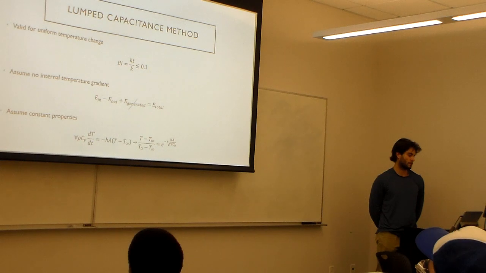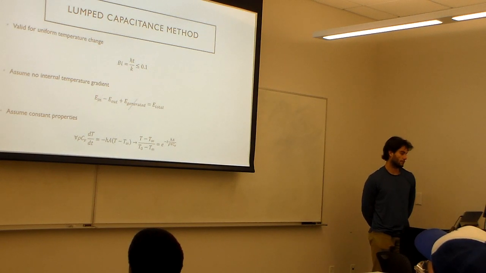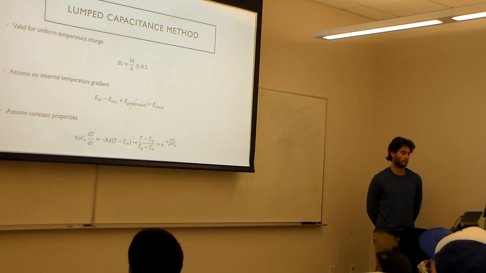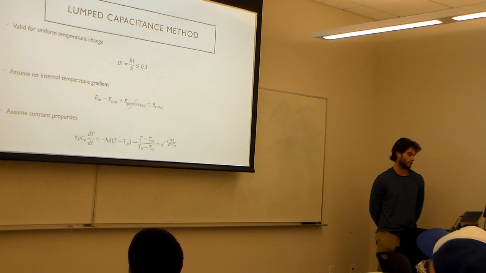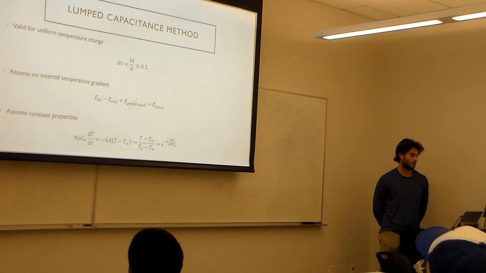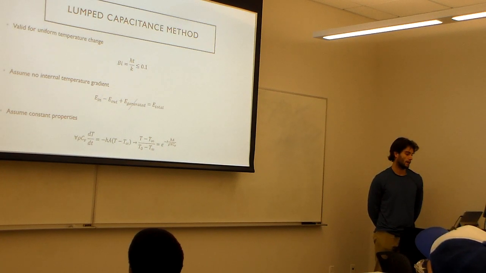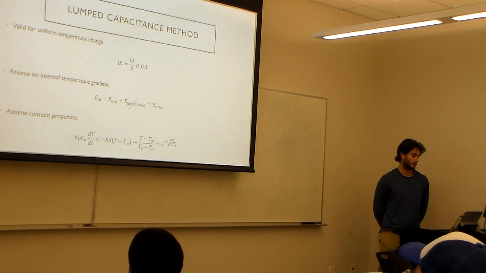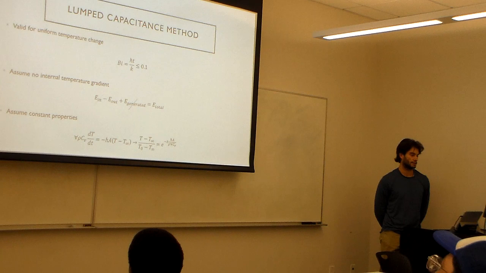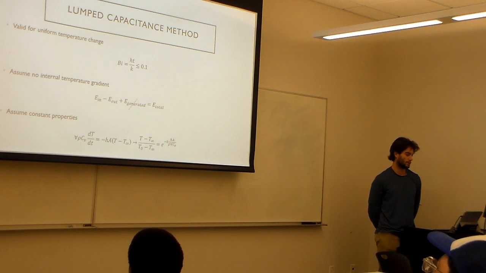And using this assumption along with assuming constant properties allows us to reduce the previous equation to the volume times density times specific heat times the change in temperature over change in time, equal to the negative heat transfer coefficient times the area times the instantaneous temperature minus the surrounding temperature.